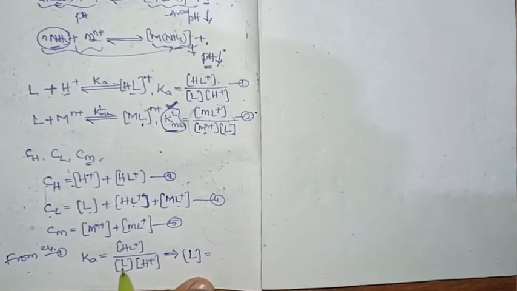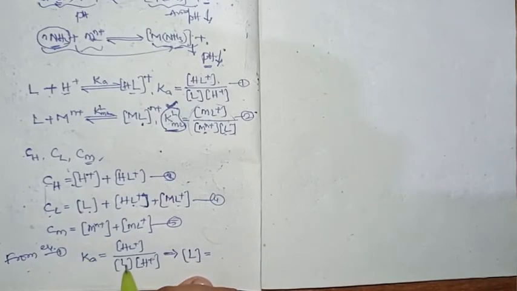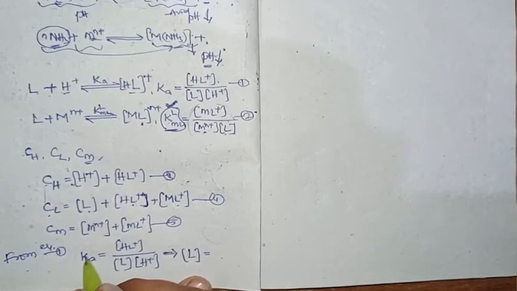The remain ligand concentration goes to the other side, the denominator ligand concentration becomes numerator, and the Ka numerator comes into the denominator.